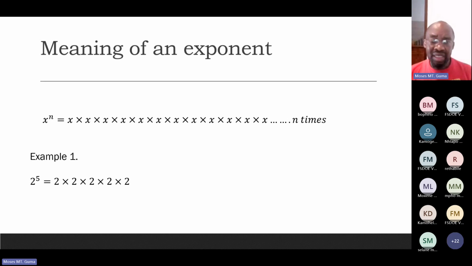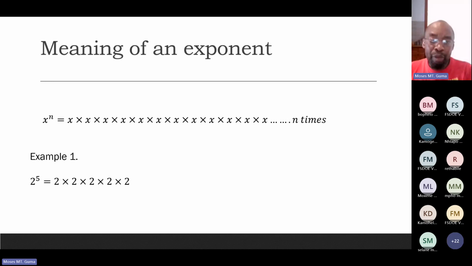It actually means x multiplied by x multiplied by x multiplied by x. If I've got n there, I'll be multiplying x by itself n times. I hope that you understand that. But now, let me make an easy example for you so that you understand what I'm talking about here.